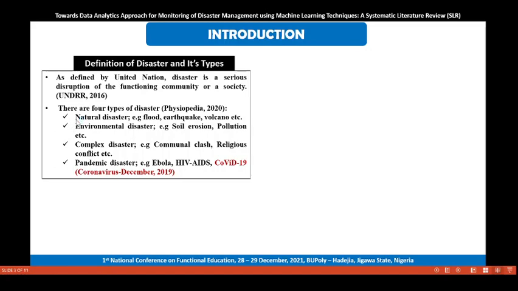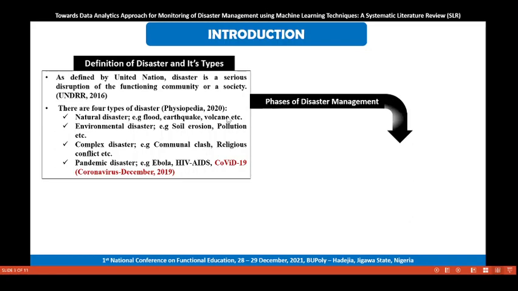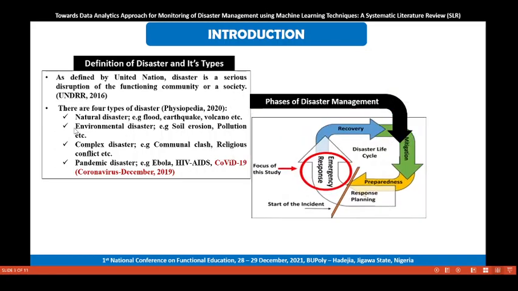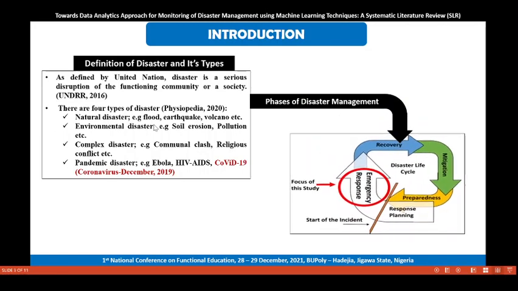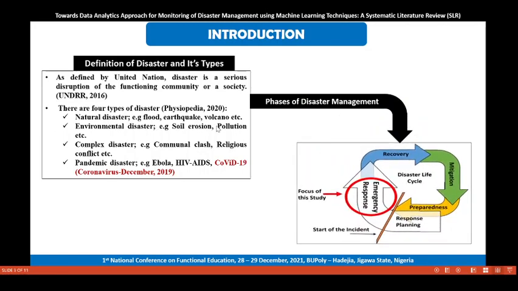Number 1 is natural disaster, for example floods, earthquake, volcano, and etc. The second type is environmental disaster, for example soil erosion, pollution, and etc. The third one is complex disaster. An example of complex disaster is communal clash, such as religious conflicts, and etc.